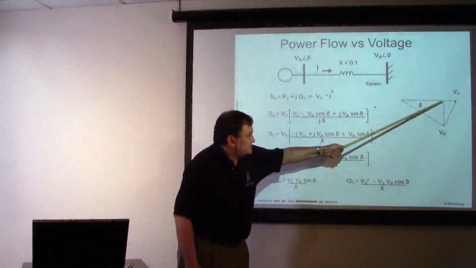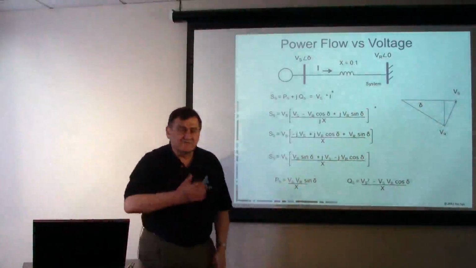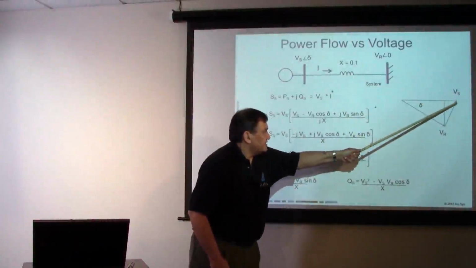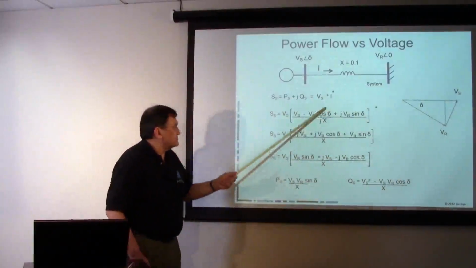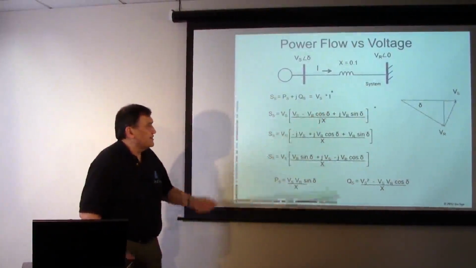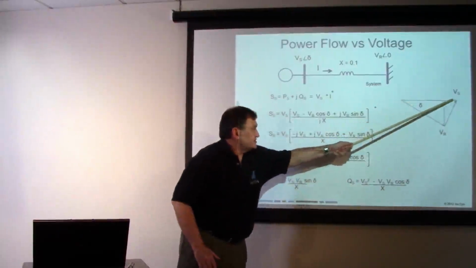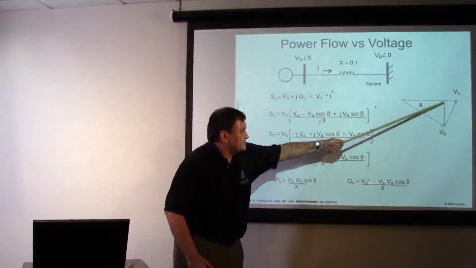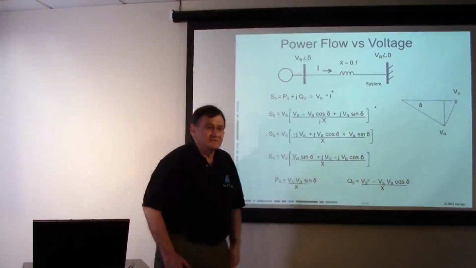That magnitude there is that vector times cosine of the angle. So the voltage difference in this direction is Vs minus Vi times cosine of the angle, and that is that term right there. All right. So that's our voltage difference in this direction, and this voltage magnitude in this direction is Vi times sine of the angle.